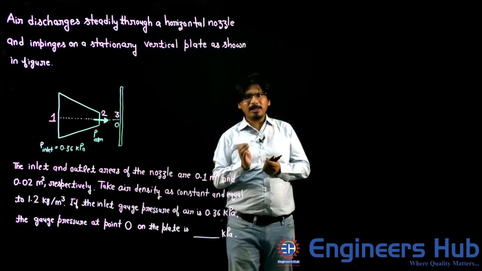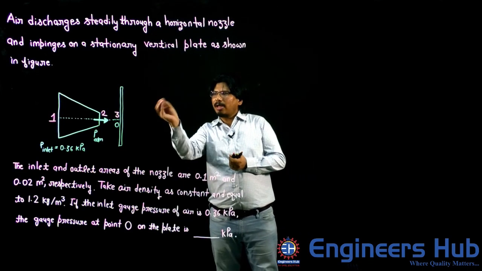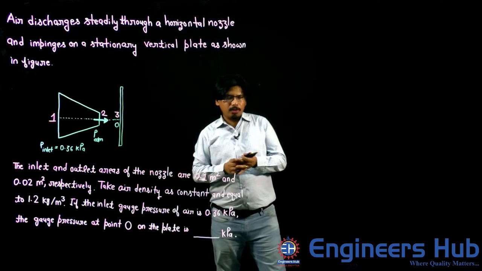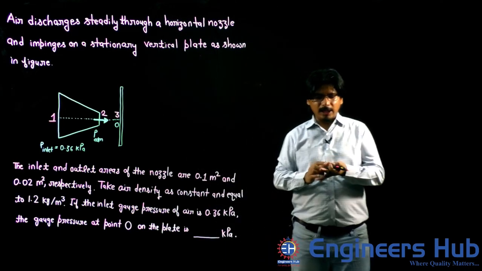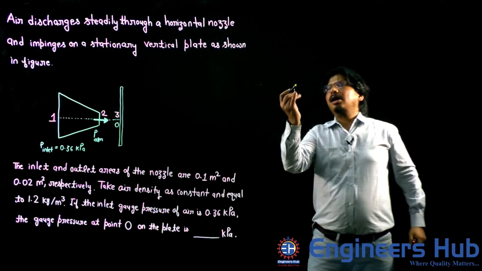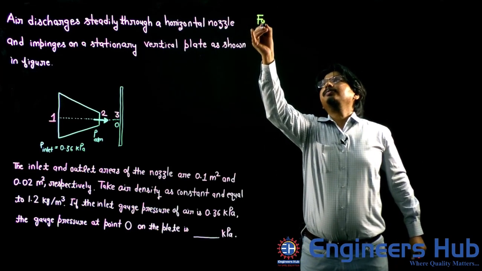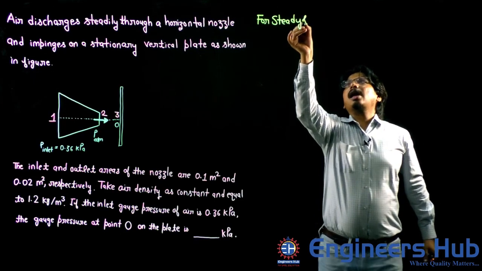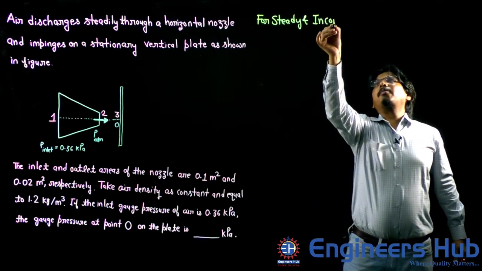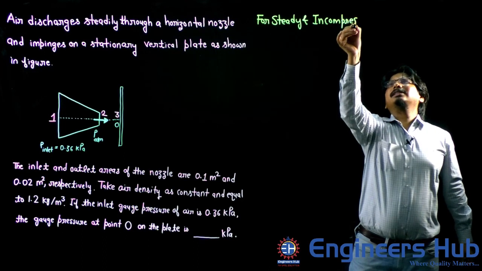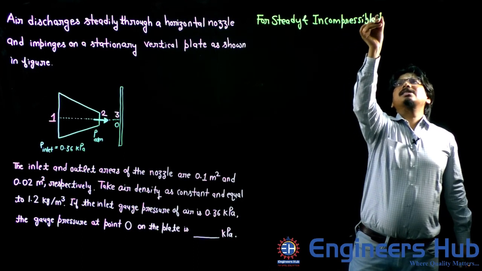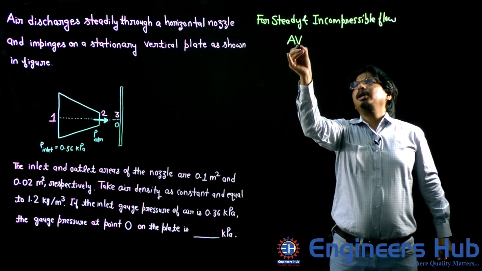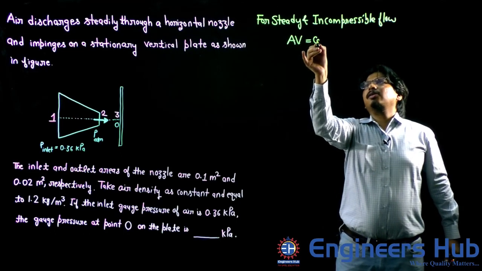So look here, my friends, let us suppose I am applying the continuity equation between 1 and 2. Let us see what we can write. Please observe, my friends. For steady and incompressible flow, we can write area into average velocity is constant.